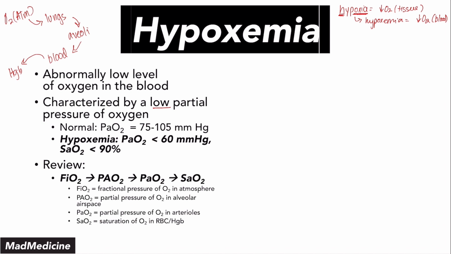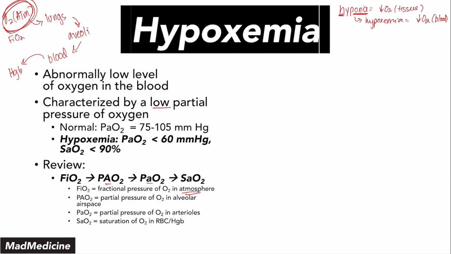FiO2 to PAO2 (big A) to PaO2 (little a) to SaO2. FiO2 is the fractional inspired oxygen. What that means is that this is the amount of oxygen in the atmosphere, right here, the very first step. This is FiO2.